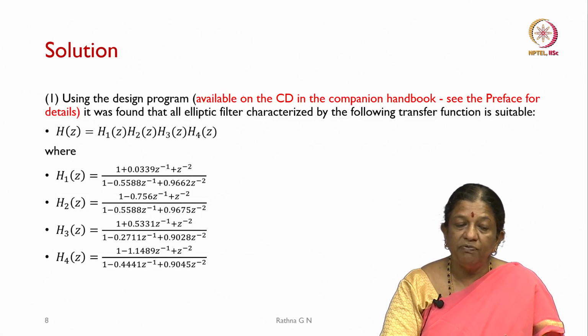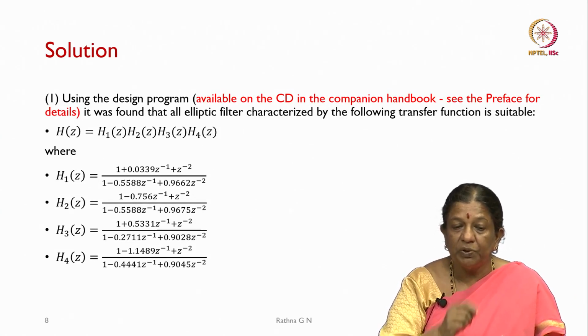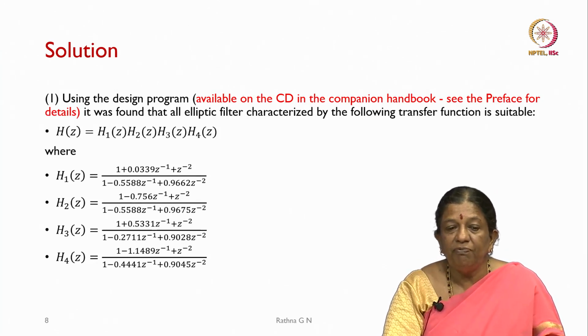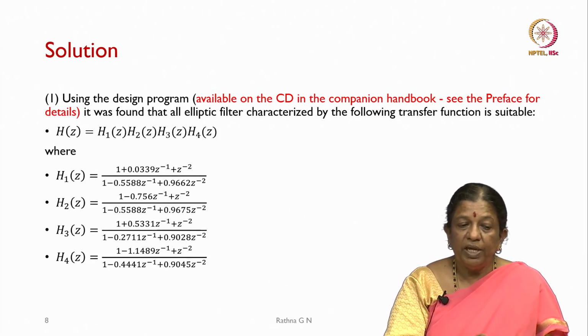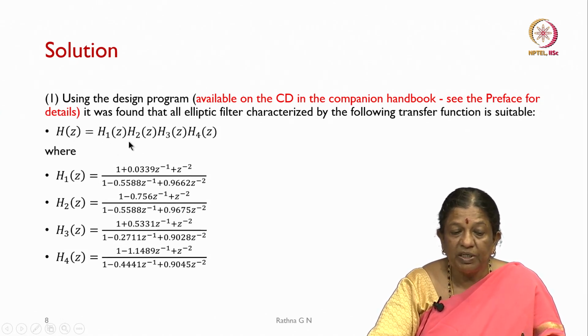So, you can refer to the book and see the CD of the book, which is going to give you these examples. This is basically from the IIR chapter of the Real Digital Signal Processing book. So, in this case, as we will be seeing in the lab, it generates a number of sections.